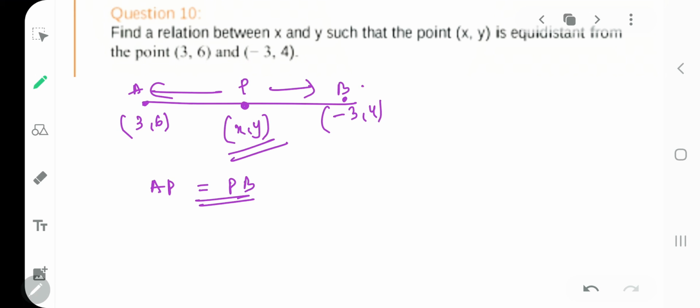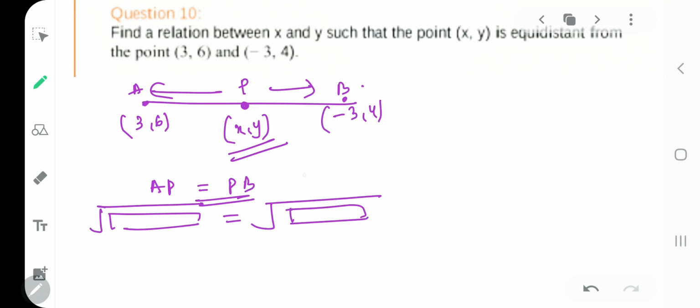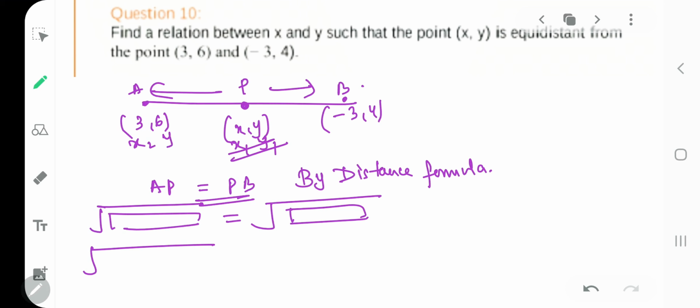Yes? Okay, shall we apply the formula? Similar problem, we can just go with the formula. Every time you have to write the formula and above you have to write by distance formula. Got my point clear? Yes. Now once you put the formula, my dear kids, it will go something like this. If this is your x1, y1, this is x2, y2.